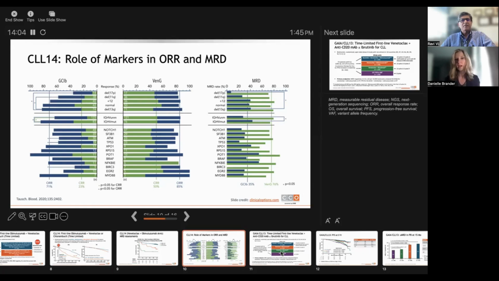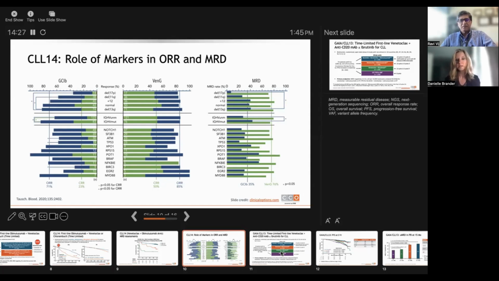Now the PFS, or the achievement of longer remissions, it's shorter remissions with IGHV unmutated. I would say that difference, though, is still not to the point that I would say IGHV unmutated couldn't still benefit from fixed duration frontline venetoclax.